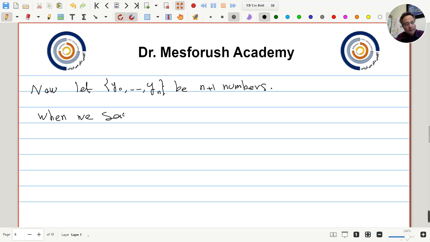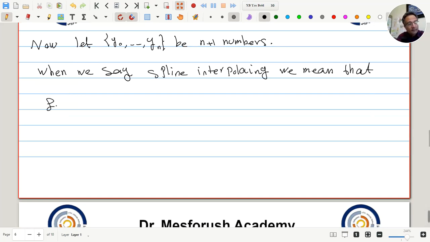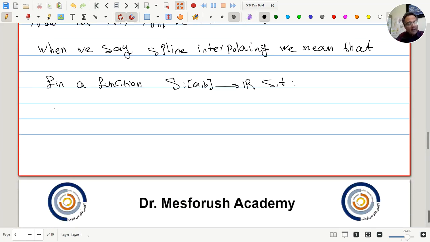When we say spline interpolating, we mean that find a function s from a and b to R such that s at xi be yi for i equal to 1 to n.